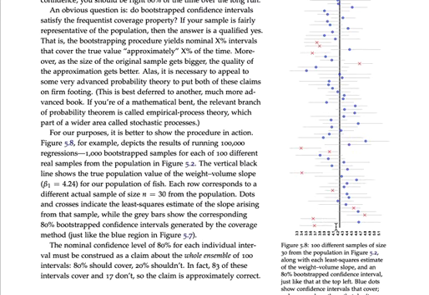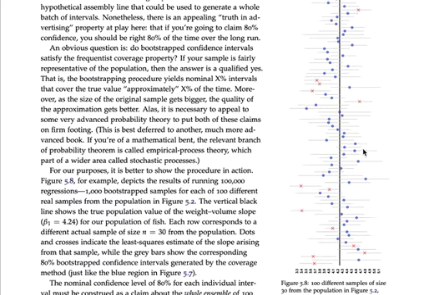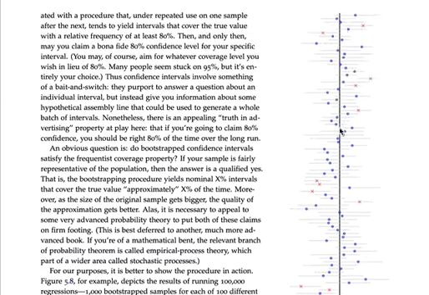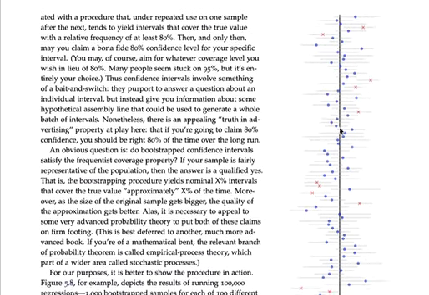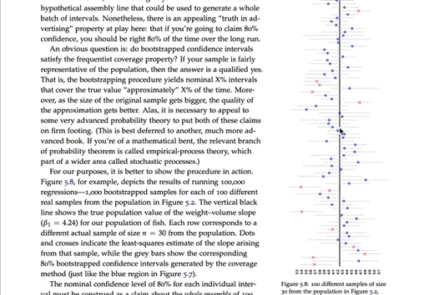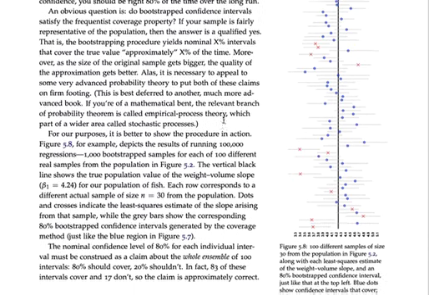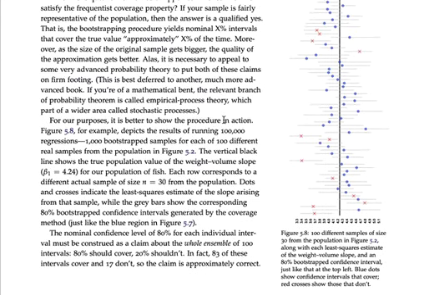If you actually count this up, you're going to find that you've got 17 red crosses and 83 blue dots, meaning that the empirical coverage fraction of these confidence intervals is 83%. The stated fraction was 80%. So not bad, right? The claim is approximately true. We were aiming to cover the truth 80% of the time. We actually covered the truth 83% of the time. So we did well there.